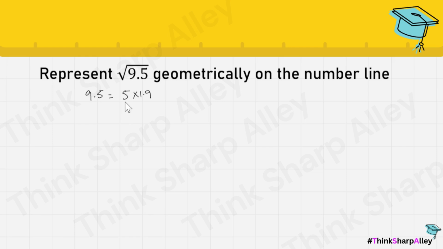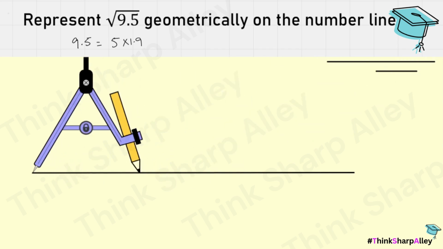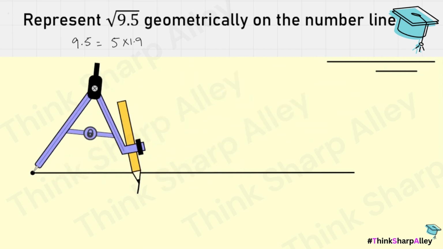So remember, first we have to draw two line segments, one of 5 cm, another of 1.9 cm. So at first we have drawn a random long line, and I have two line segments, one of 5 cm and this is 1.9 cm. Okay, so first I'll take my compass and I'll take 5 cm in my compass and make an arc.